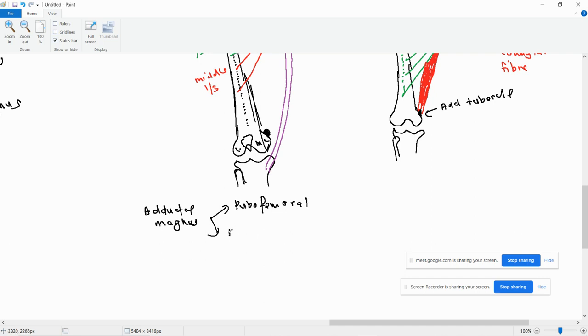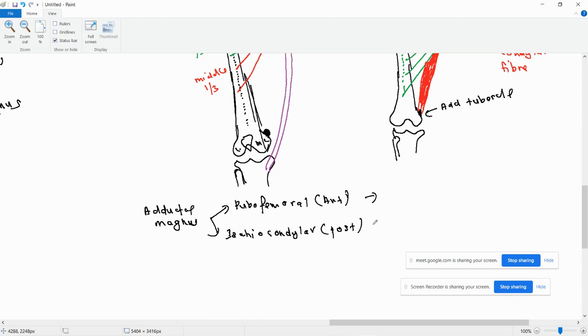The second one we call the ischiocondylar part, right? Pubofemoral and ischiocondylar. The pubofemoral is the anterior fiber. The ischiocondylar part is basically the posterior part, posterior fiber actually.